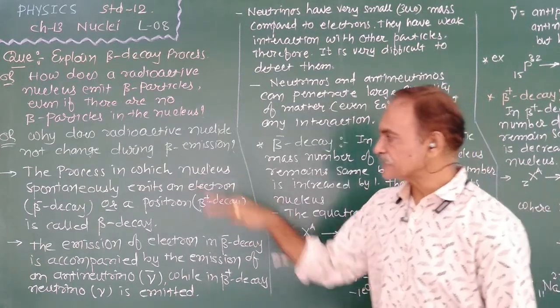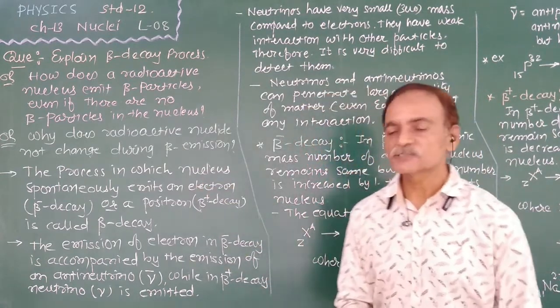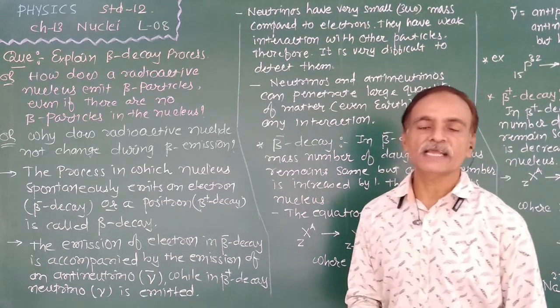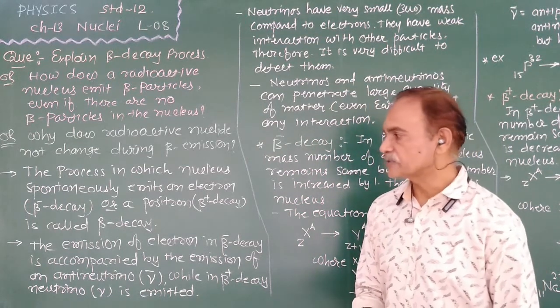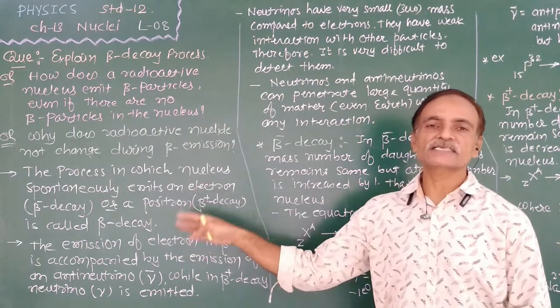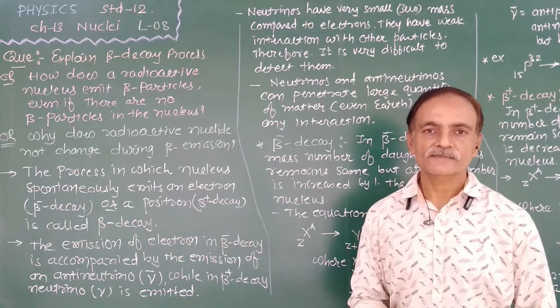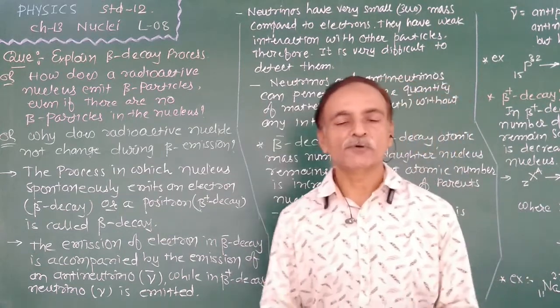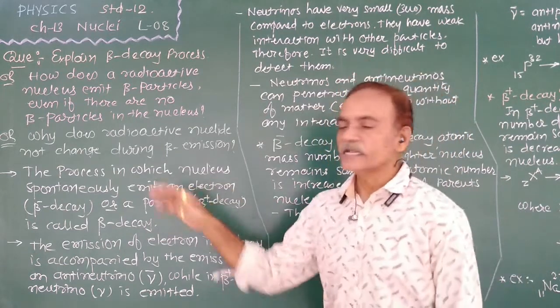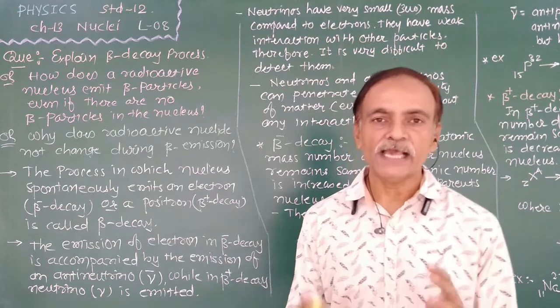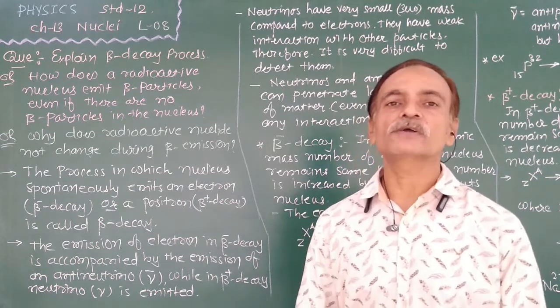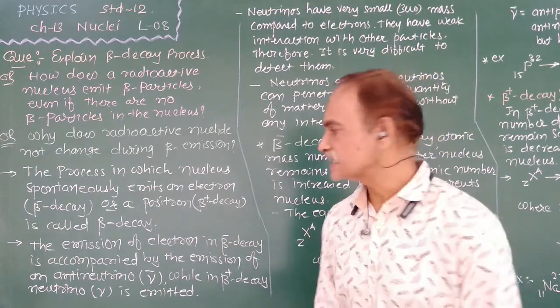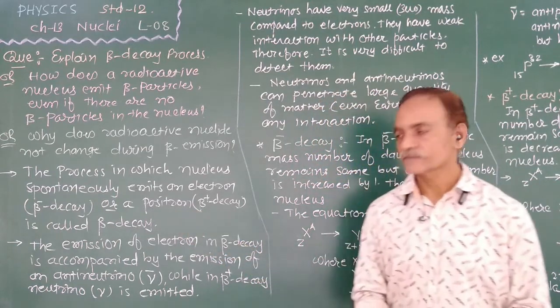Again, the definition of the beta decay: the process in which the nucleus spontaneously emits either an electron or a positron is known as the beta decay.